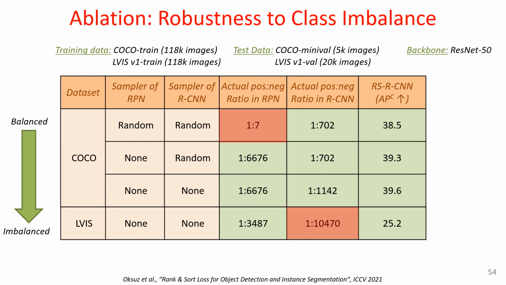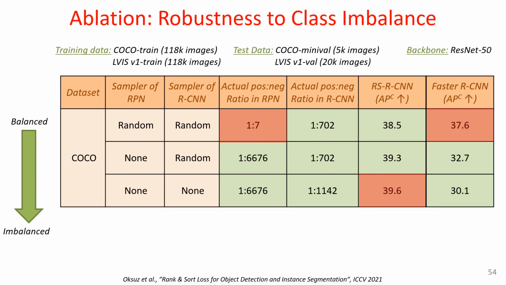RS loss can successfully train all these configurations without any tuning. On the COCO dataset, it performs the best when more data is available after the random samplers are removed. On the other hand, when the samplers are removed, the performance of the standard cross entropy and GIoU loss combination rapidly degrades.